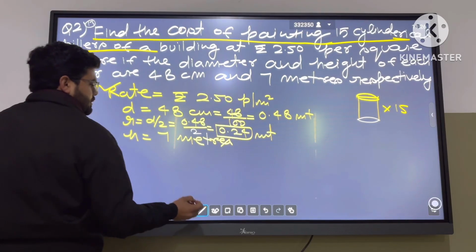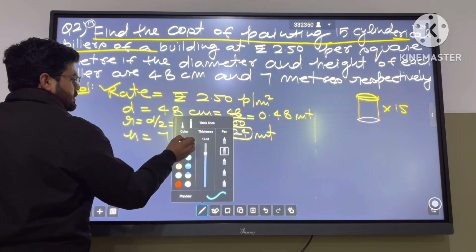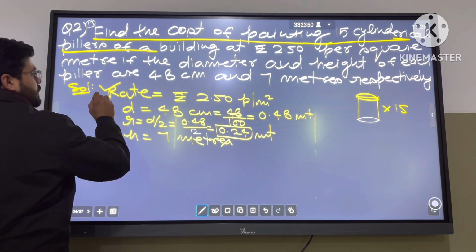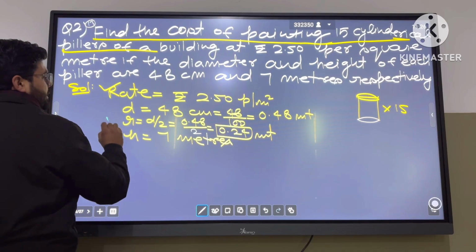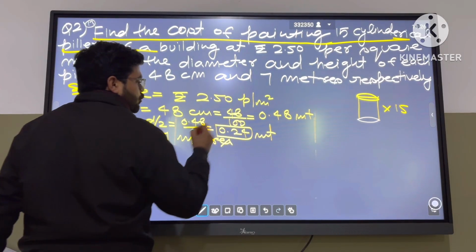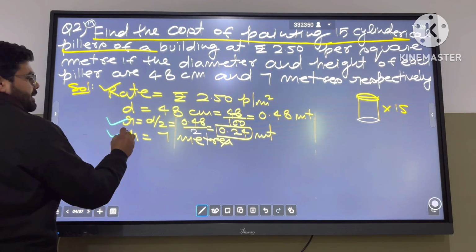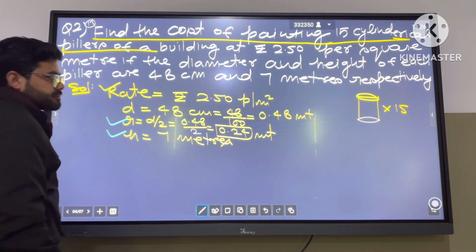For this question, radius is 0.24 meter and height is 7 meter.